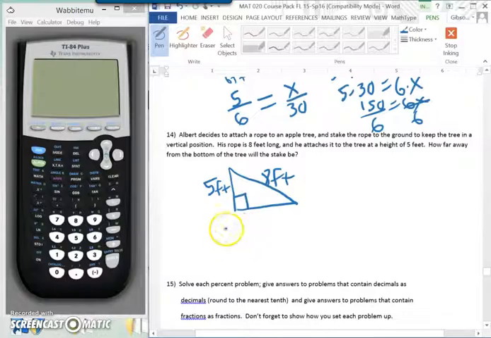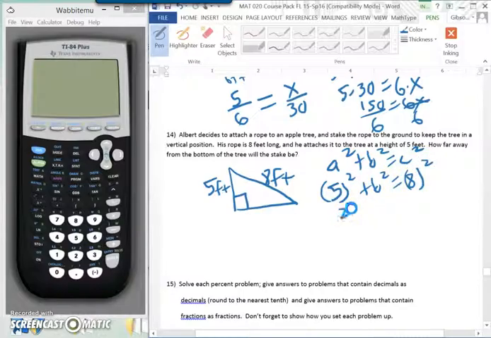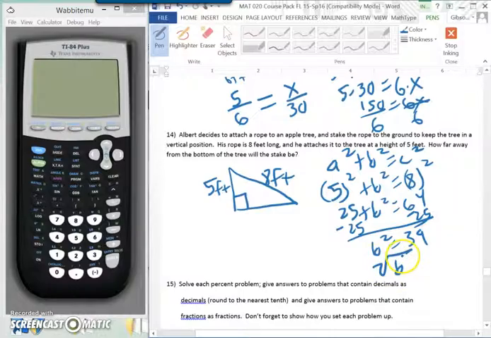We know this forms a 90-degree angle. So we have a squared plus b squared is equal to c squared. So a is 5, b we don't know, and c is 8. So we have 25 plus b squared equals 64. Subtract 25 on both sides, and b squared is equal to 39. Now you would take the square root of both sides.